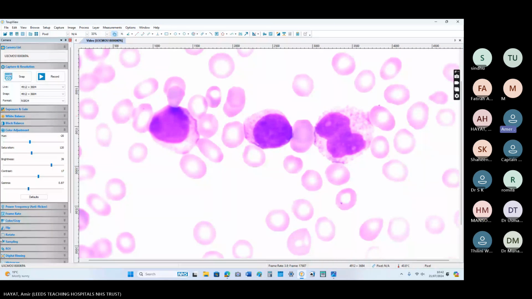So how would you compile your report for the examiner? Fragmented red cells, nucleated red cells, prominent abnormal promyelocytes, the cytoplasm of these abnormal promyelocytes contains granules.